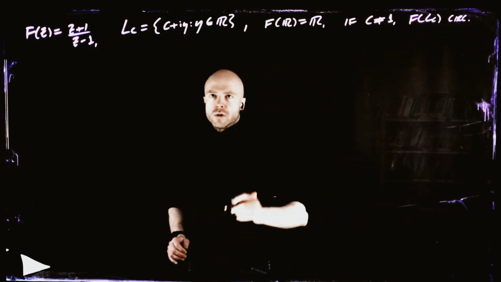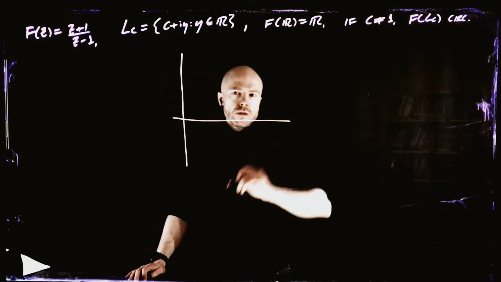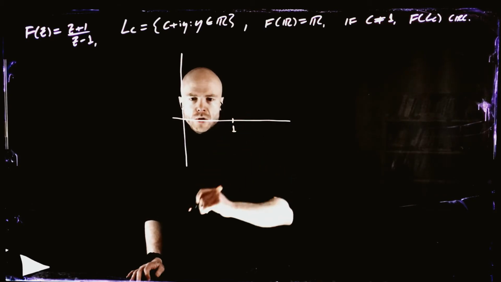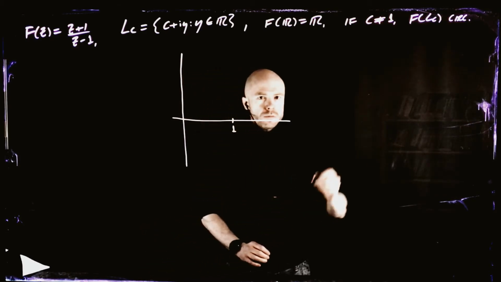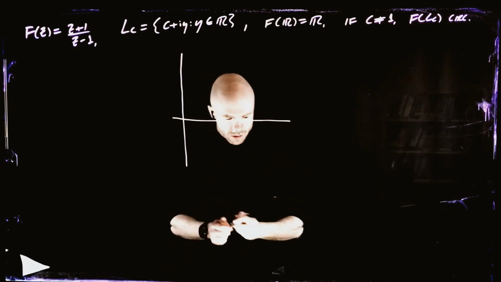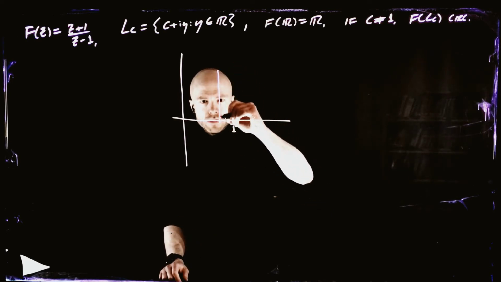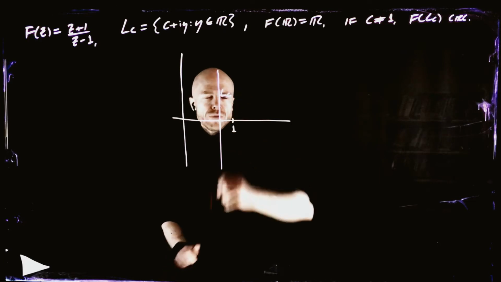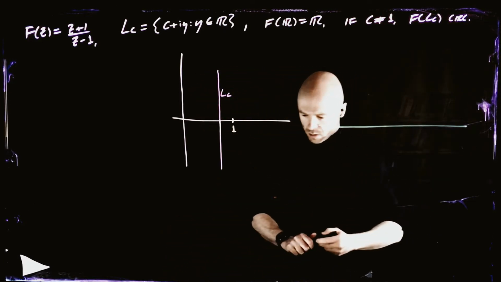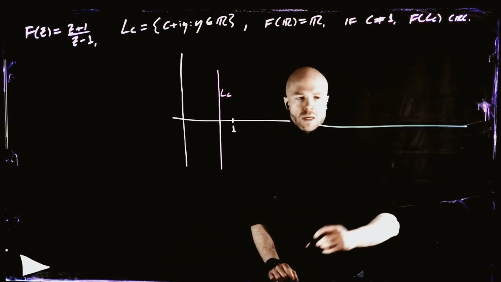Right? So let's draw a picture. So this is 1, and let's take C to be less than 1. Just put the line somewhere. This is L of C, and we are mapping it to a circle.